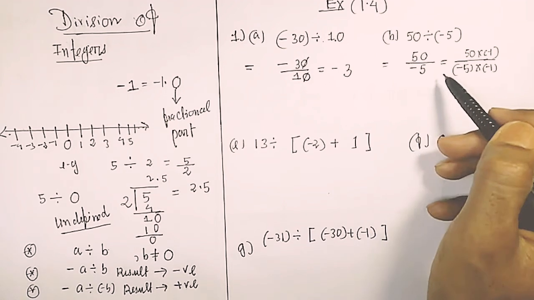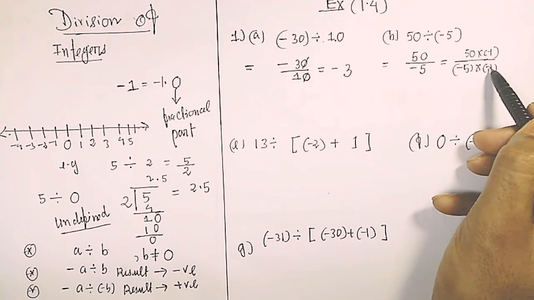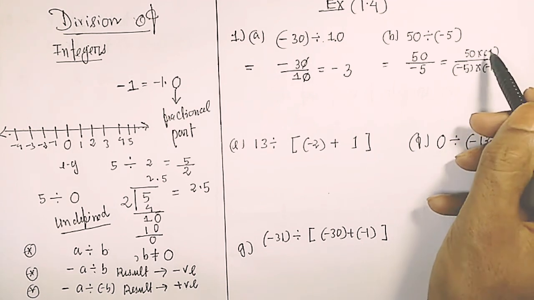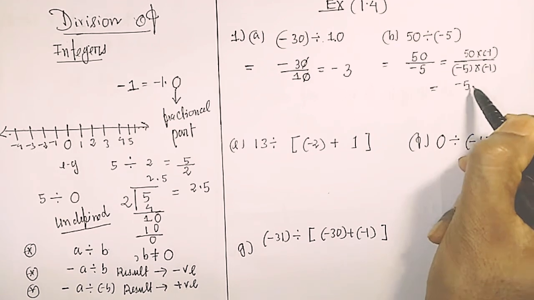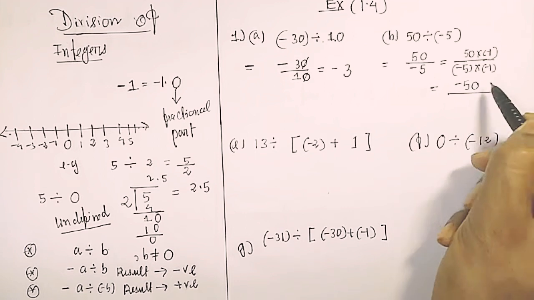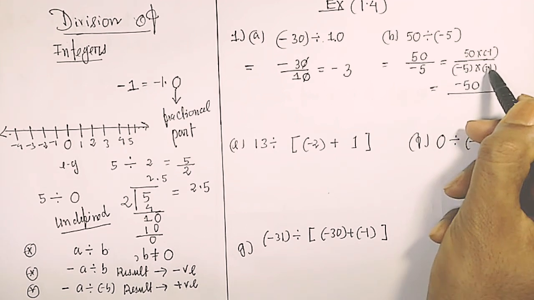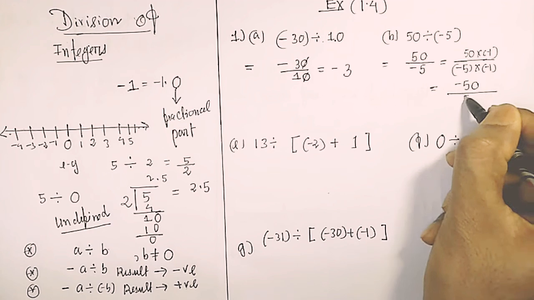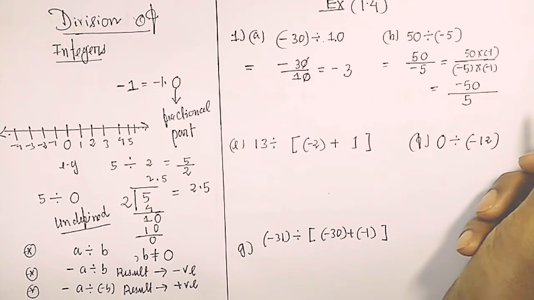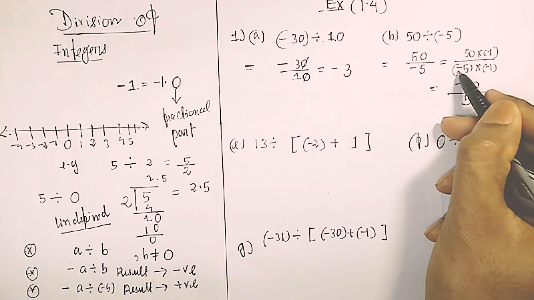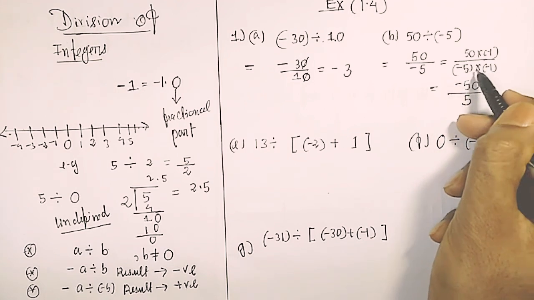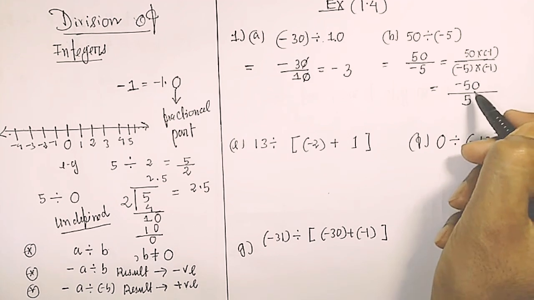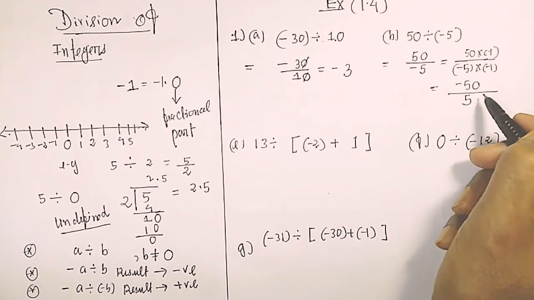So what is the rule? Simply multiplying minus 1 with the denominator as well as with the numerator. So 50 into minus 1, it becomes minus 50. Minus 5 into minus 1, it becomes plus 5, because when there are two minus signs and the sign is multiplication, then it becomes plus.